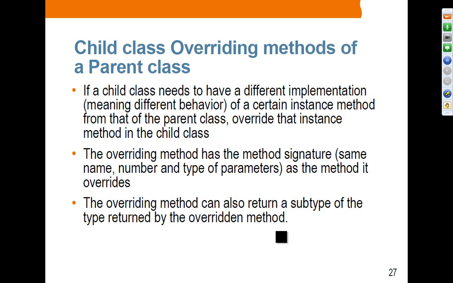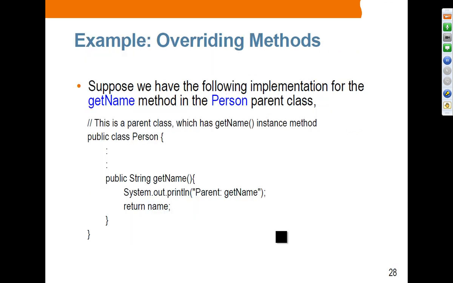Now, in terms of return type, the overriding method can have a subtype of the parent method's return type. It doesn't have to be exactly the same type, but it could be a subtype. Let's see an example. Suppose we have a person parent class, and this person class has a getName method.